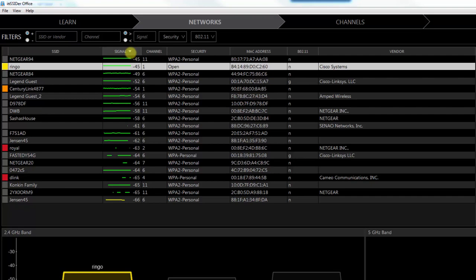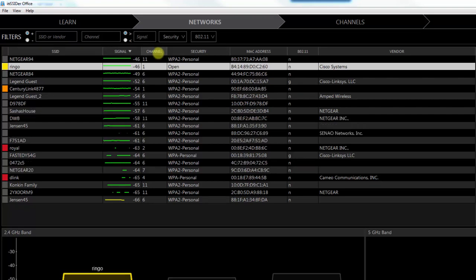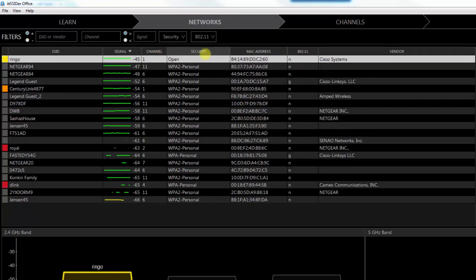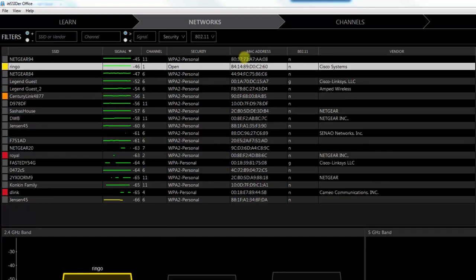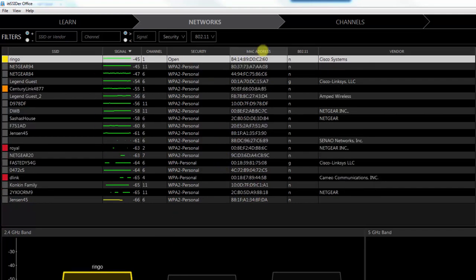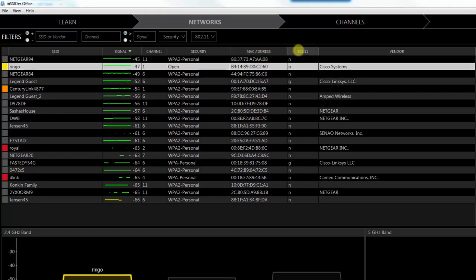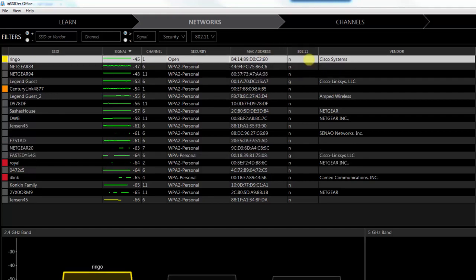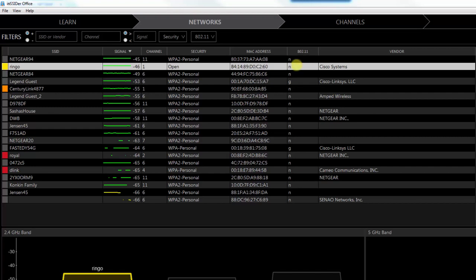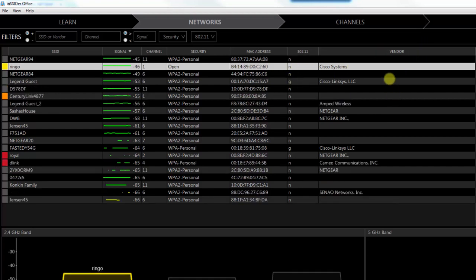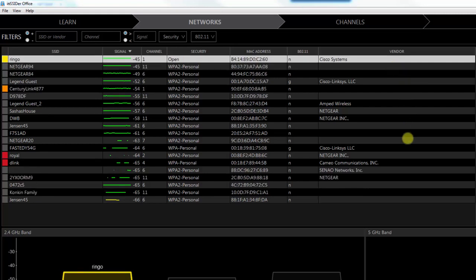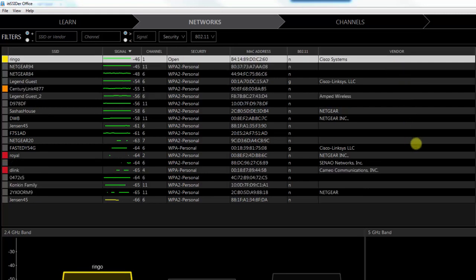You have a signal strength, the channel that it's on, the type of security, whether it's open or WPA2 personal or whatever. Here's the MAC address of the access point, and here it tells you whether it's 802.11g or n. Here's a couple of n, here's a g, and then it's going to try and figure out what the brand name of the access point is.